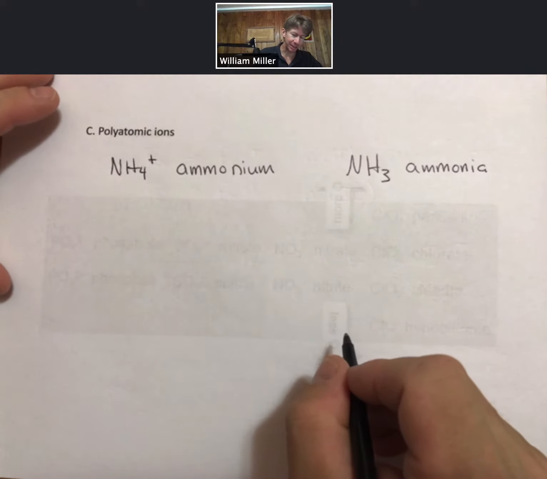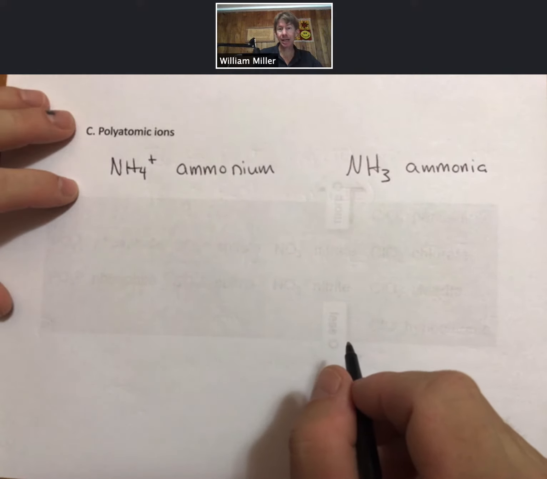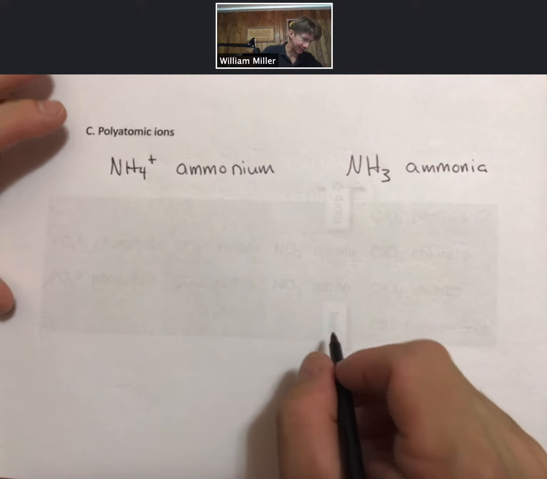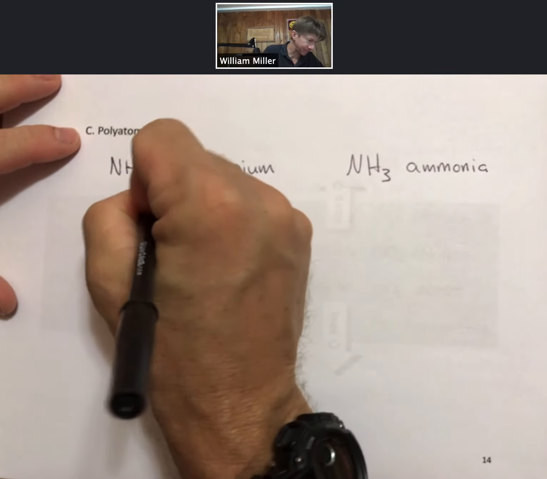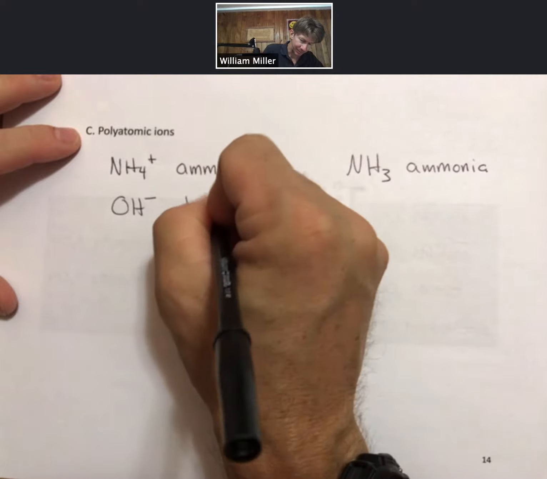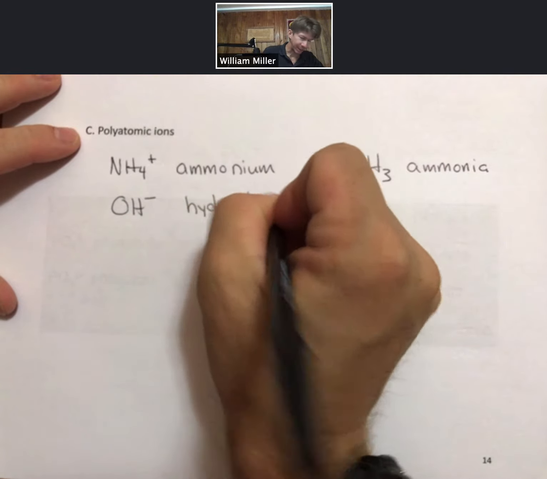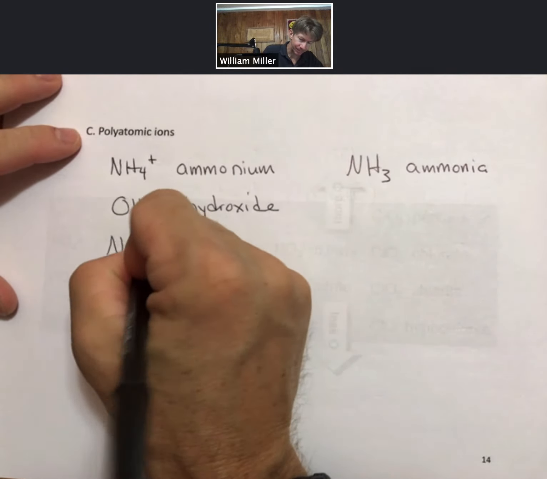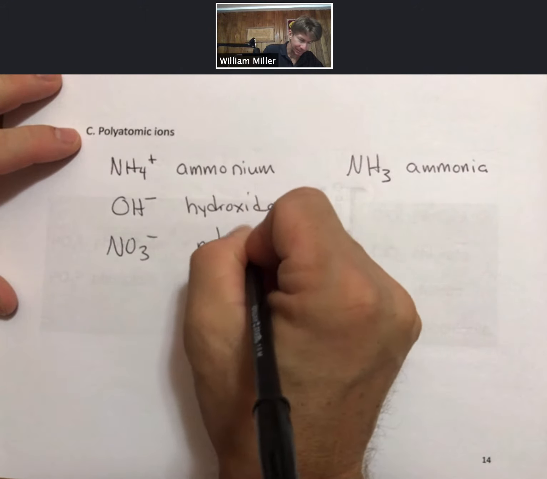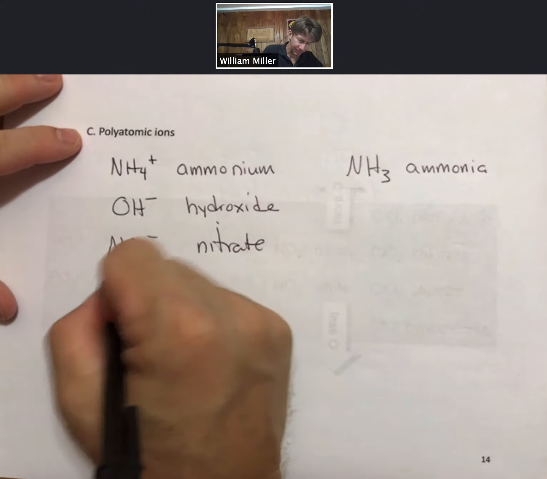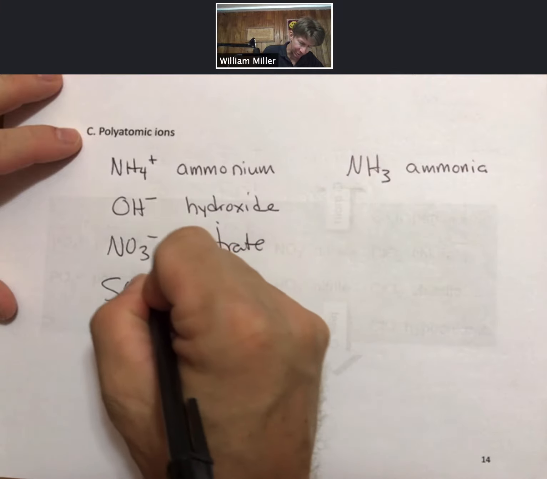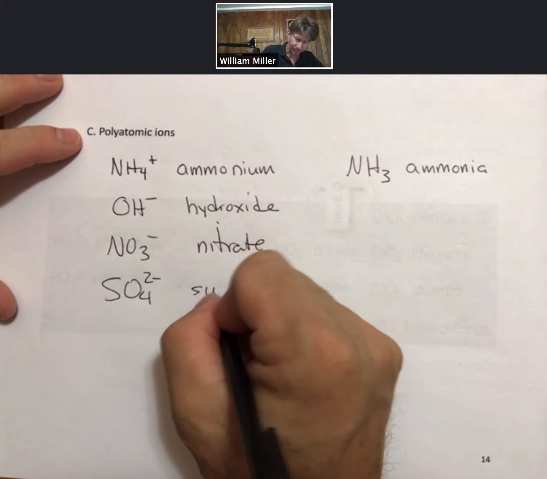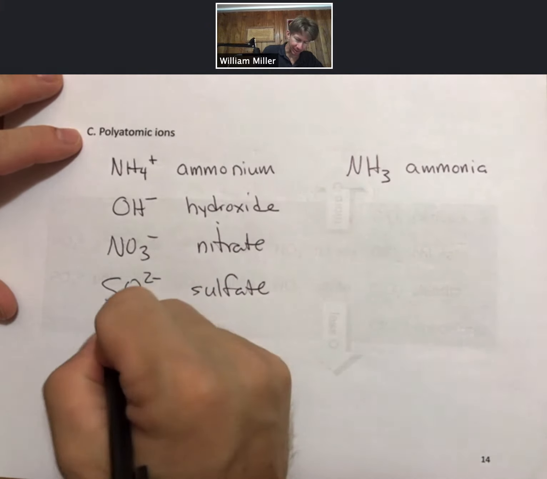Then some common negatively charged ions, or anions, will be hydroxide, nitrate, sulfate, that's 2 minus, and carbonate.